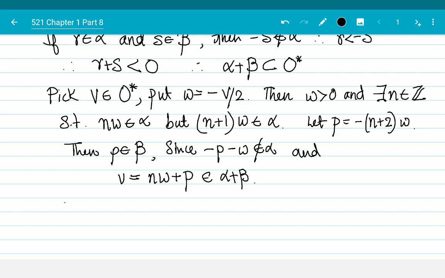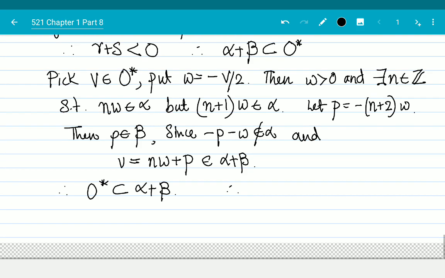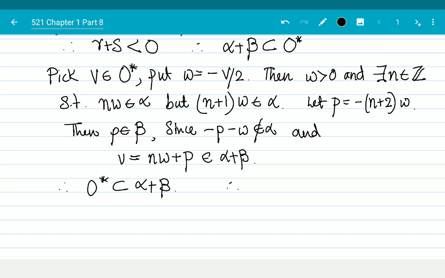So every element of 0 belongs to alpha plus beta, therefore 0 is a subset of alpha plus beta, therefore by the two parts combined, alpha plus beta is equal to 0 star. And beta is equal to negative alpha.